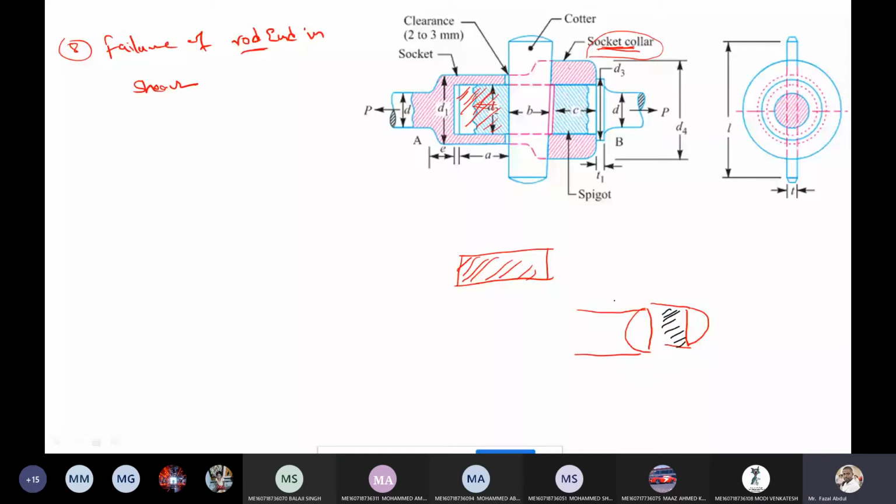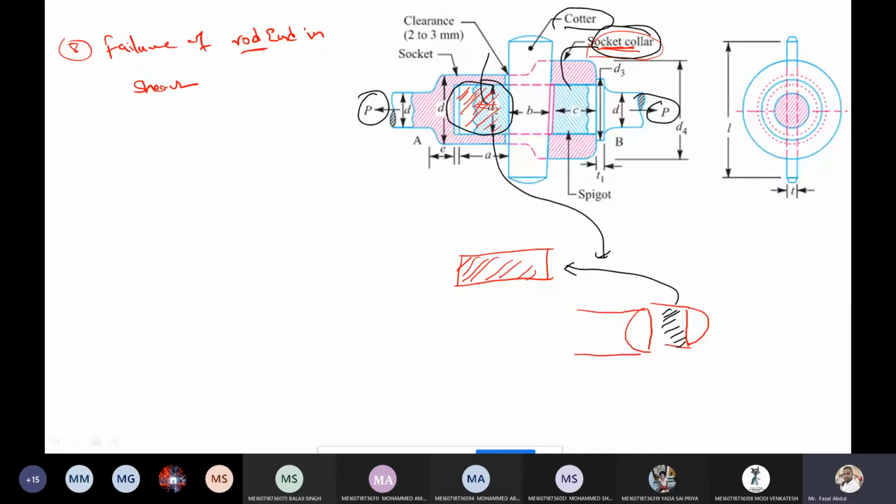This is the side I drew here, only this particular spigot portion. Initially this is a rod, totally continuous and circular. Now because of the application of this force, what is happening here? The cotter has more strength than the spigot, and the socket collar has more strength than the spigot. For that reason this spigot is going to fail in this manner.